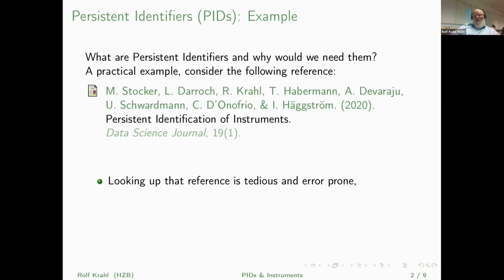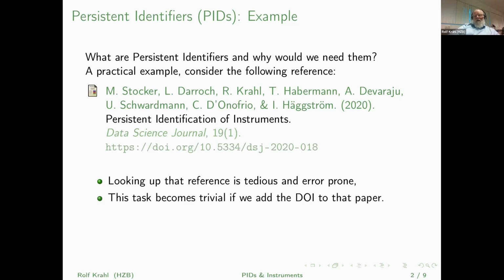You would need to search up the journal web page, understand how its archive is organized, look up the issues and all that. That is very tedious and error prone. And obviously nowadays everybody uses DOIs, and this task now becomes trivial thanks to persistent identifiers, or in that case, DOIs.